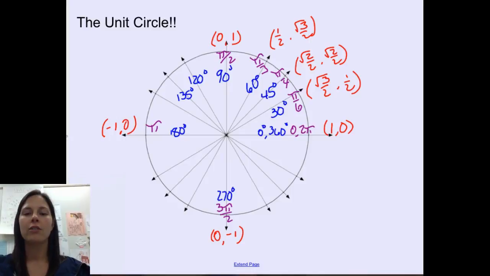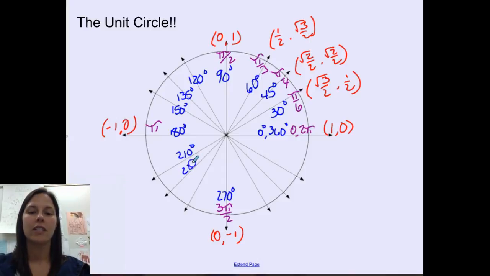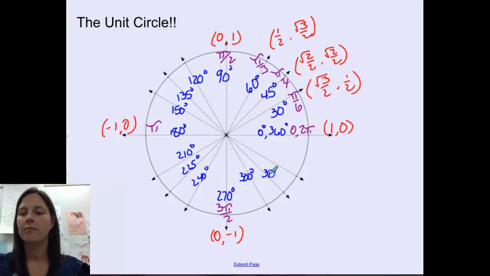And then we're 30 degrees shy of 180, which would be 150 degrees, or again, you can add another 15 degrees. Reflecting that 30-degree angle again, 180 plus 30 is 210 degrees, plus another 15 degrees, plus another 15 degrees. Moving past the 270, we add another 30 degrees, plus 15, plus 15.